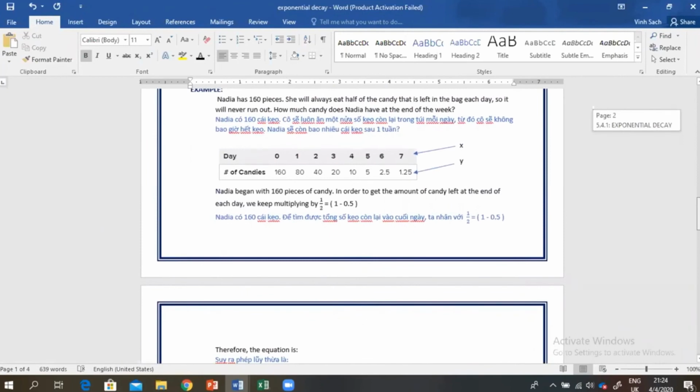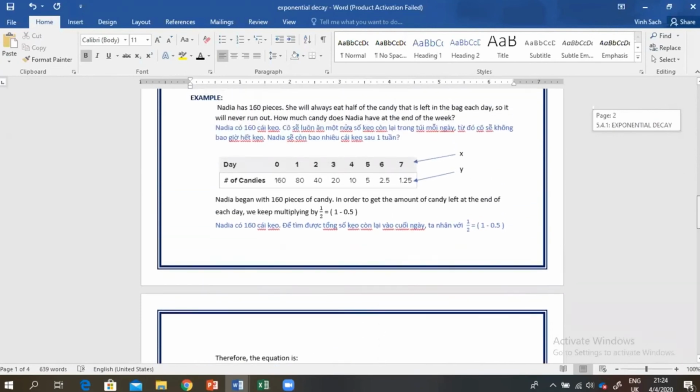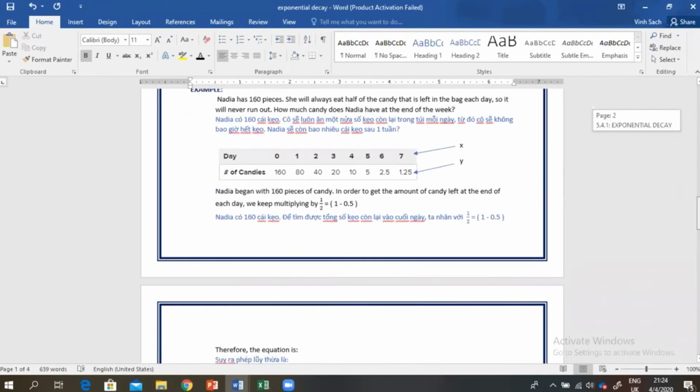Next, we have an example. In this example, we start with 160 pieces of candy, and as it decreases by a half each day, we have the following equation: y equals 160 times 1.5 to the power of x.